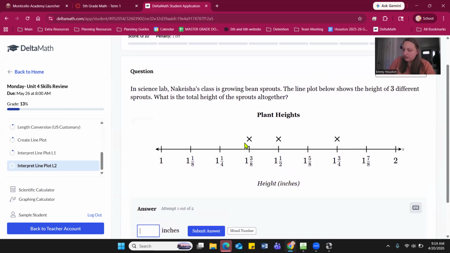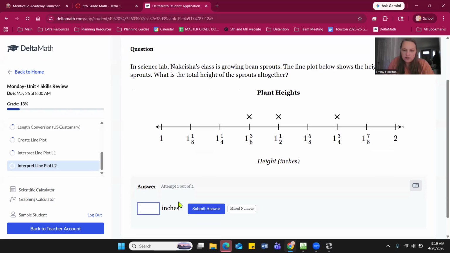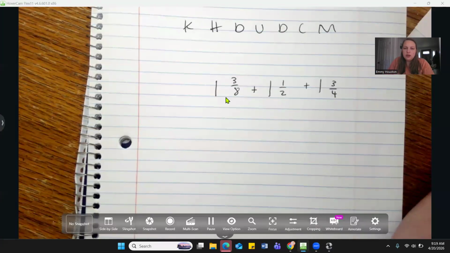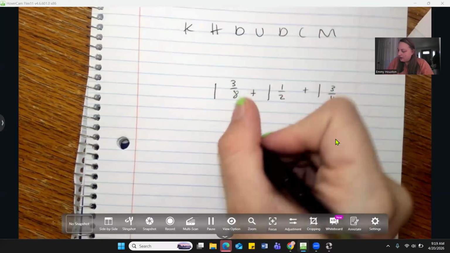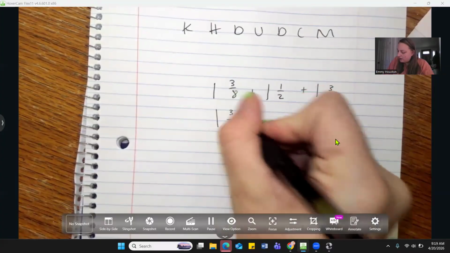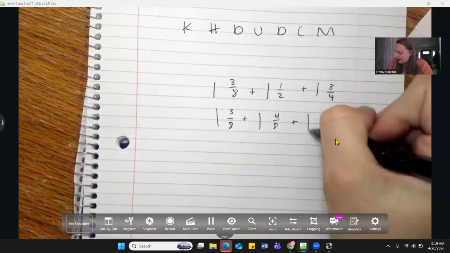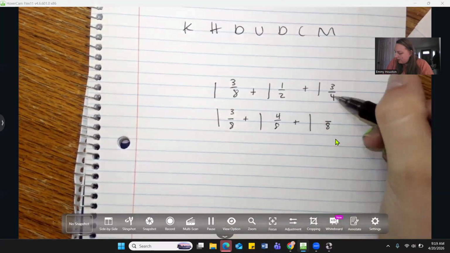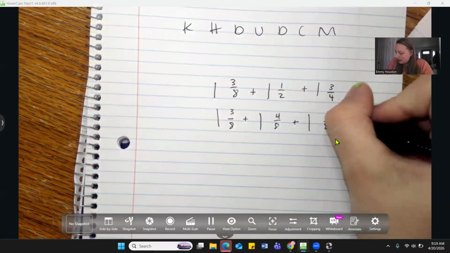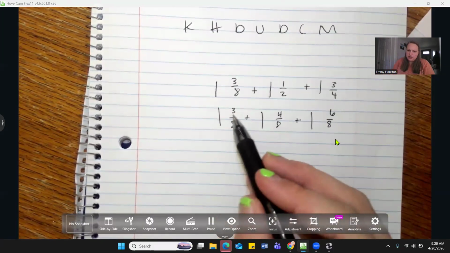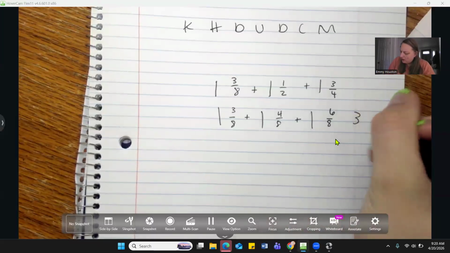I see that I have one that's 1 3/8, another that's 1 1/2, and one that's 1 3/4. Really quickly, I see that 8, 2, and 4 are going to have a common denominator of 8. This is going to be 4/8 because that's the same thing as a half. And 4 times 2 is 8, so 3 times 2 is 6. So now I can just add all these together. 1 plus 1 plus 1 is 3.